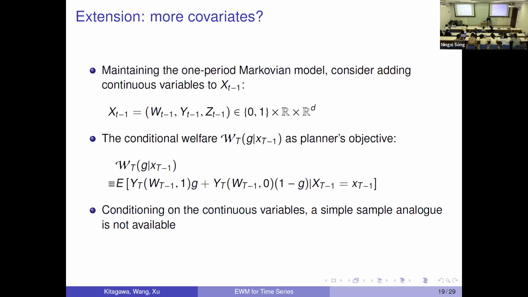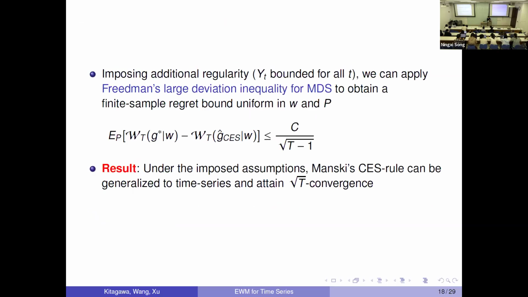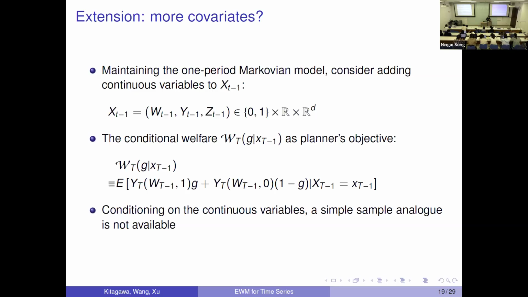Of course, we're not satisfied with the simple models. We want to extend that to the case with more, continuous covariates, where X can be specified like this, and the conditional welfare is given by this formula, where X could potentially be multi-dimensional or continuous.